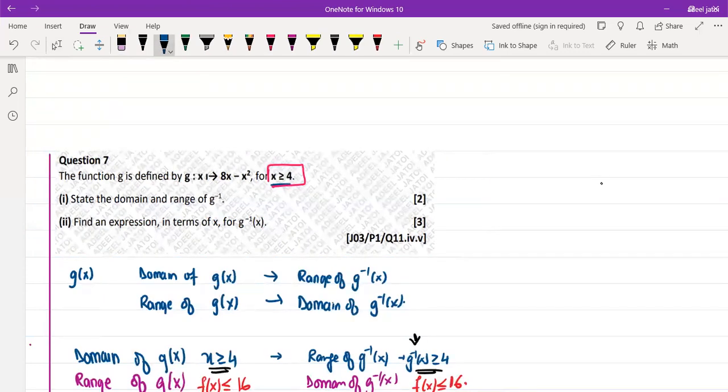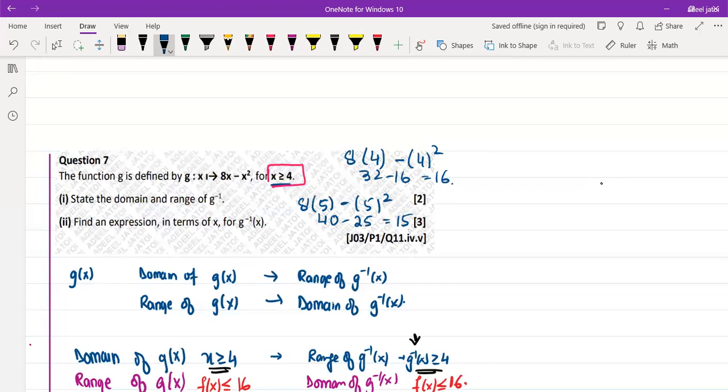So if we substitute 4, we get 8 multiplied by 4 minus 4 squared. So 8 fours becomes 32 minus 16. Your answer is 16. But now if I substitute 5, this means 8 into 5 minus 5 squared. 8 into 5 is 40, minus 25 will give me 15.